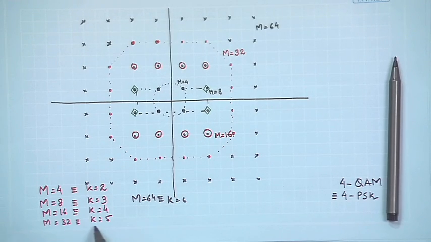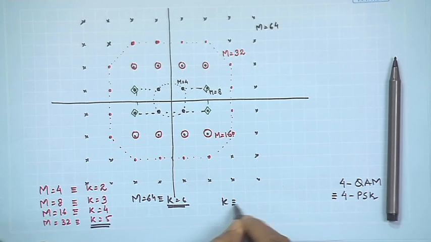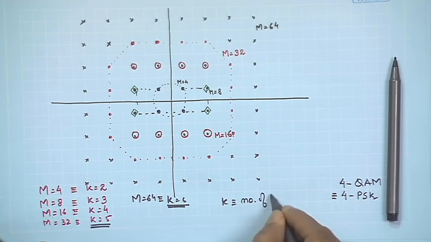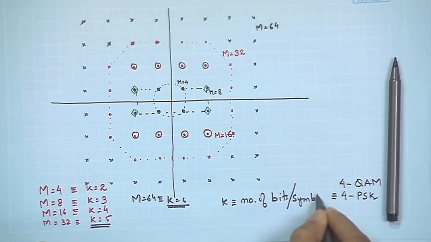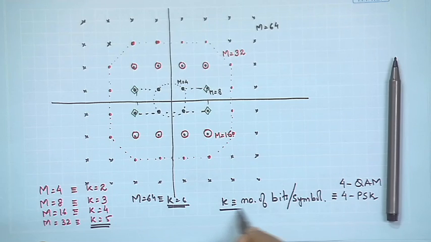So, this would be very helpful when we are doing dynamic constellation changing. That means, we would be looking at situations where you could change the number of bits per symbol. So, these k values that we have over here is effectively number of bits per symbol, right.